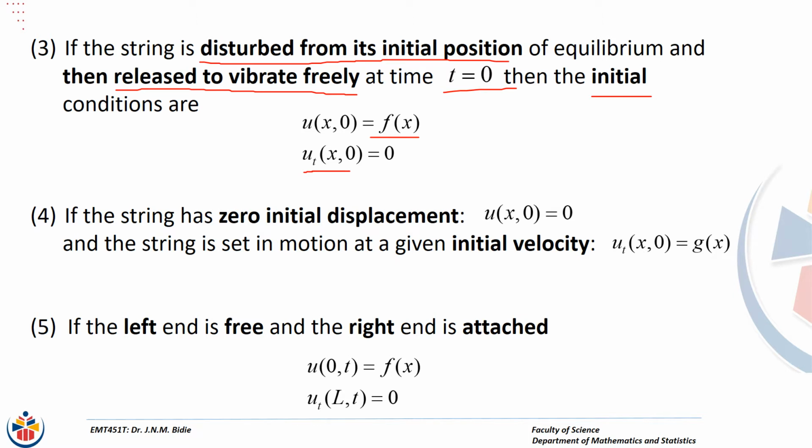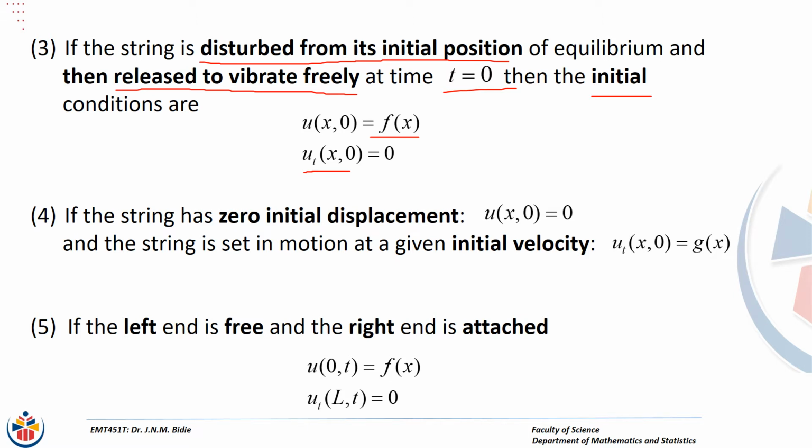So it means initially we have disturbance, so that means we do have initial displacement equal to a particular function that will be given to us. But that function, note, is a function of x.